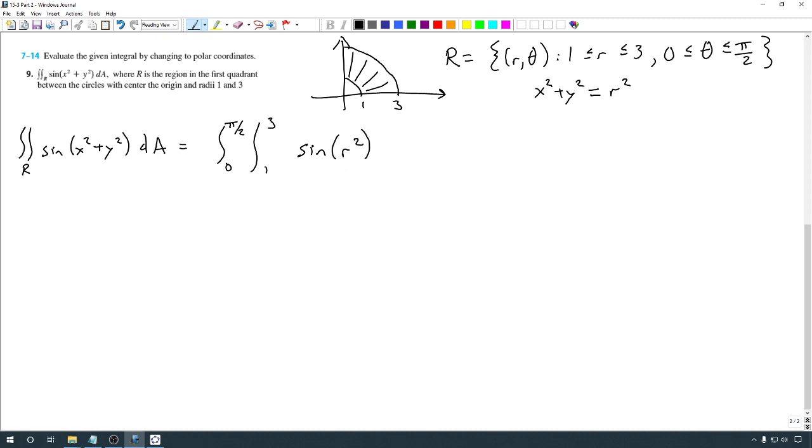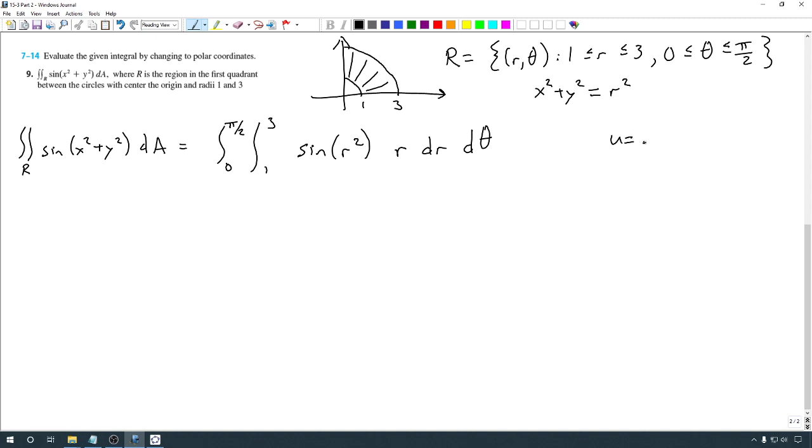Now, of course, we do have the r, the dr, and the d theta. Don't forget that r. In fact, this would be a very nasty problem to do if we didn't have that r. Because what we can already see here is that because we have the r squared inside of the sine, we would like to do a substitution.